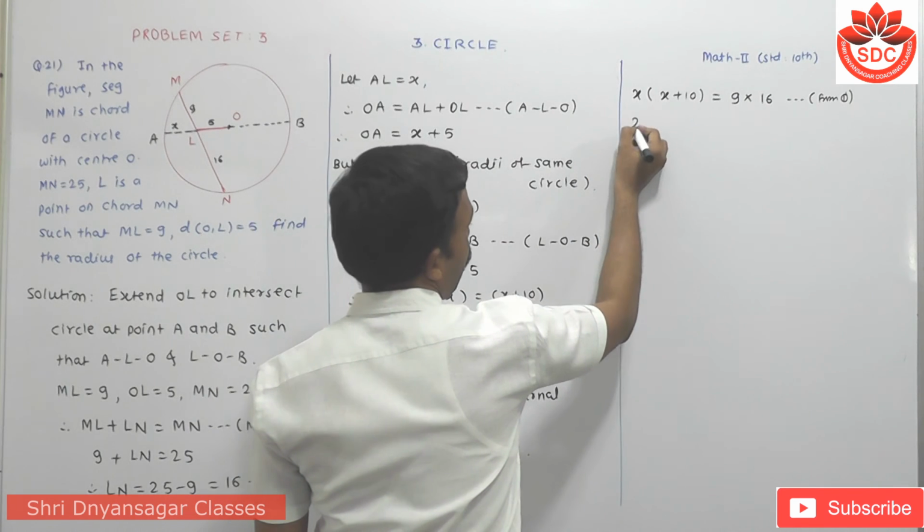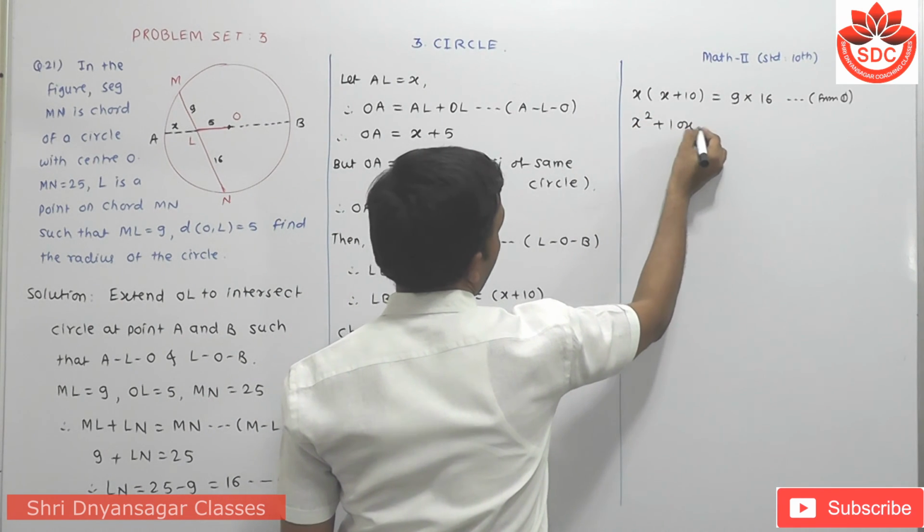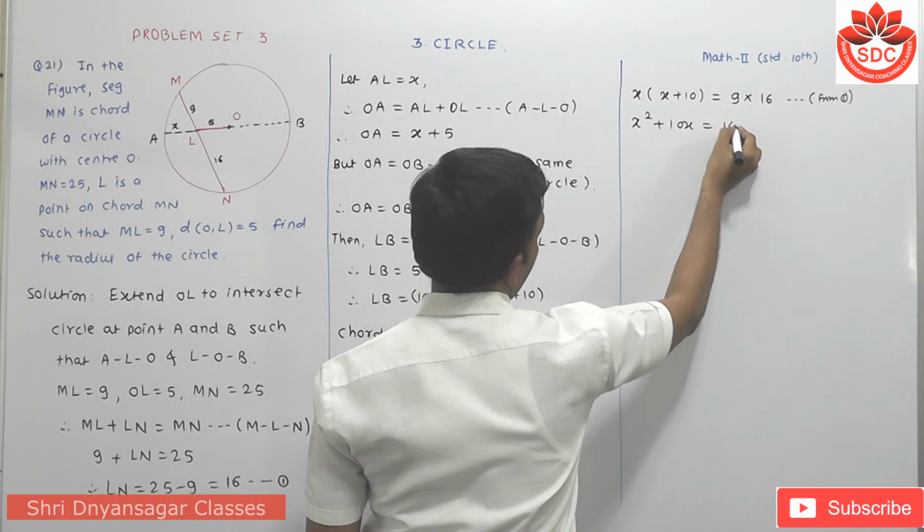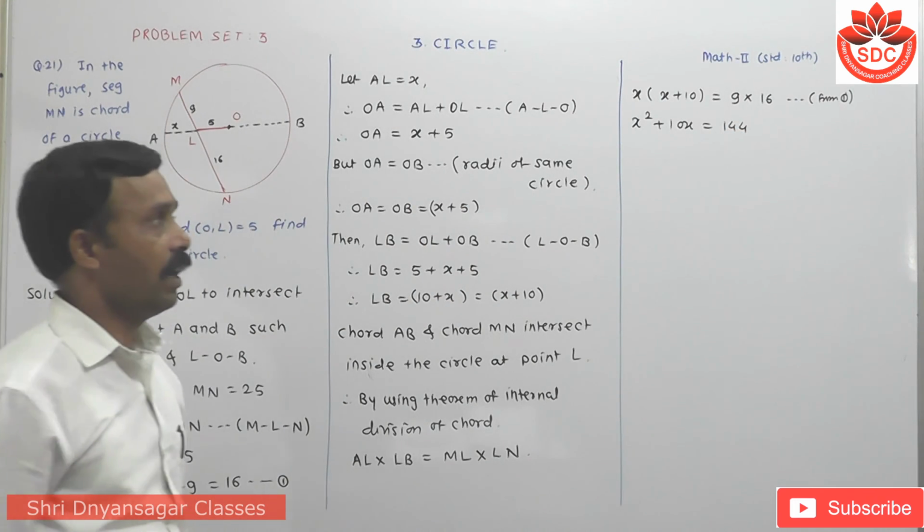Then multiply it, we get x square plus 10x is equal to 16 into 9, that is 144.